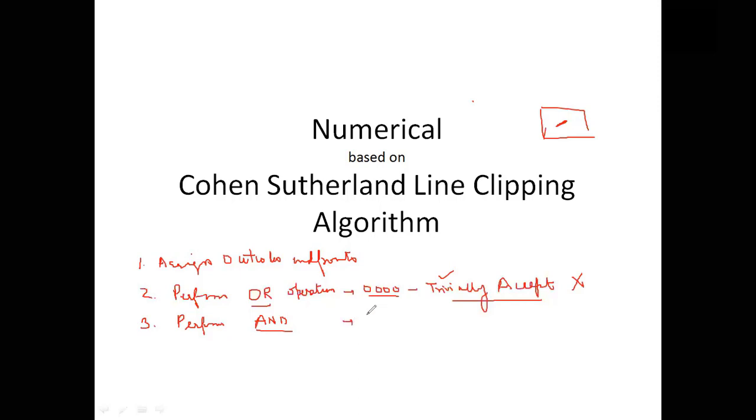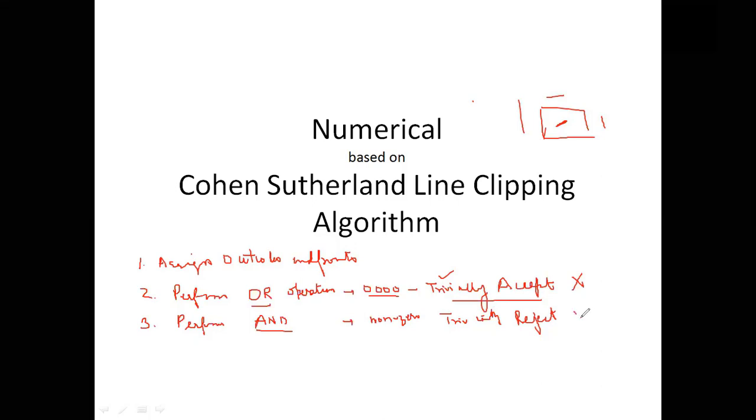If it gives a non-zero value, we can trivially reject the line, that is, the line is completely lying outside the visible region, somewhere here. Like this, so this is the case.